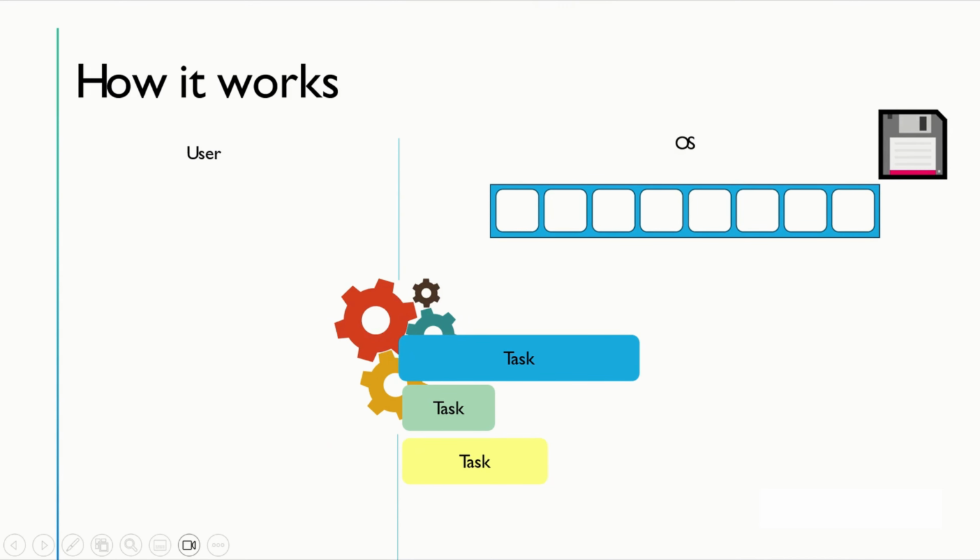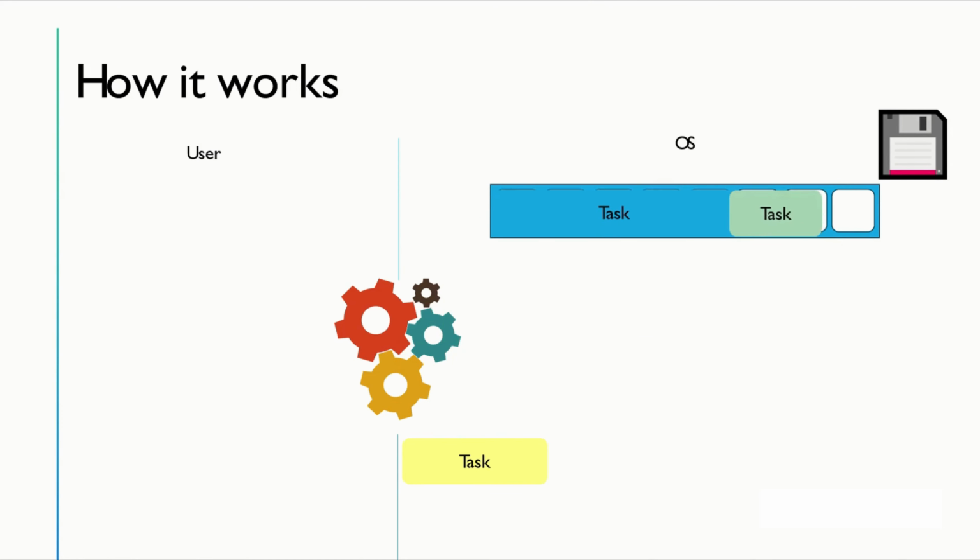Do we have enough space to process all these processes or not? And the memory manager would respond. So if we notice here, we have enough space for task 1 and task 2, which is the blue one and the green one. But if we try to add in task 3, then it just bounces back into the queue again because there's not enough space. So the process manager would keep that task in the queue.